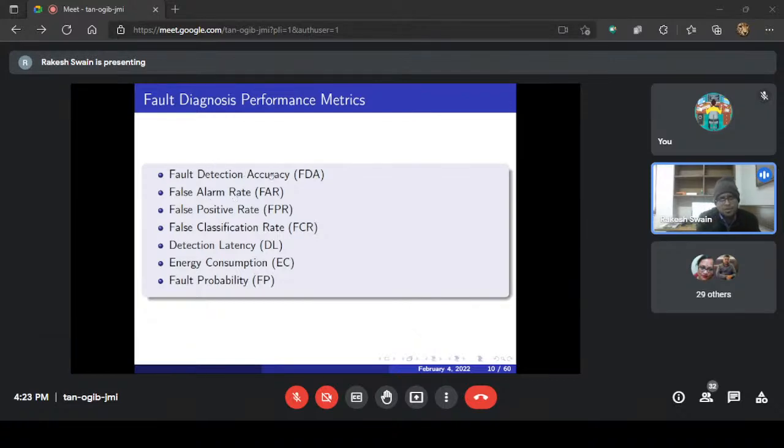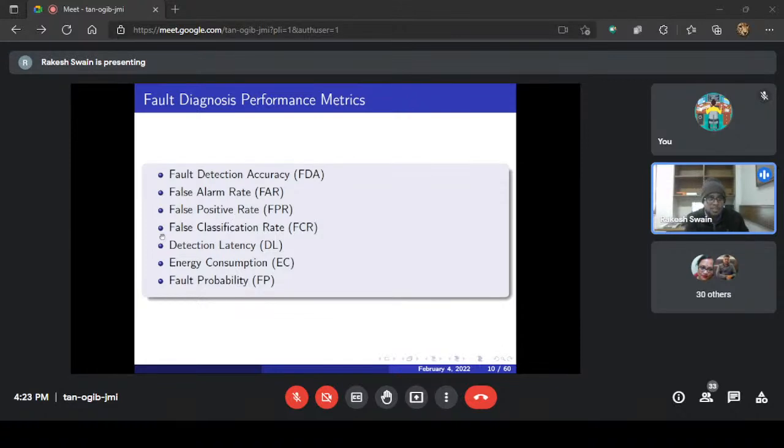Just I'll tell you, the detection accuracy is just a ratio of the faults detected to the total number of faults present in the network. Similarly, the false alarm rate is the fault-free nodes detected as faulty divided by the total number of fault-free nodes present in the network. The false positive rate is the faulty nodes detected as fault-free to the total number of faulty nodes present in the network.